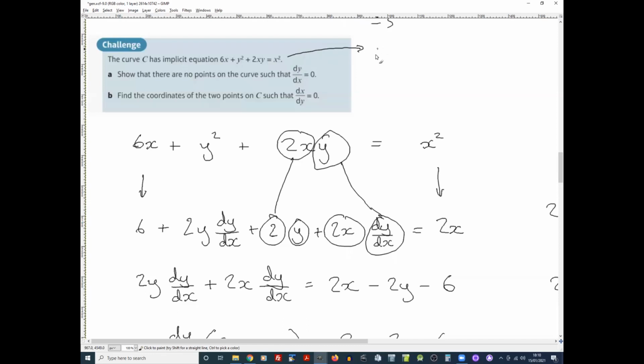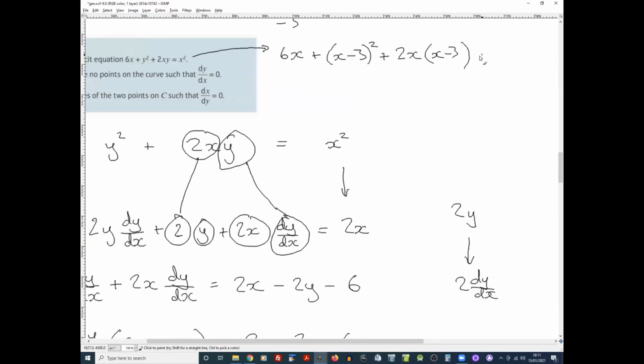Well, that'll turn this equation into what? 6x plus x minus 3 squared plus 2x times x minus 3 equals x squared. So if we just expand, I think that's what's going to happen.